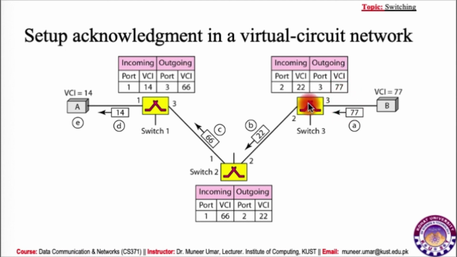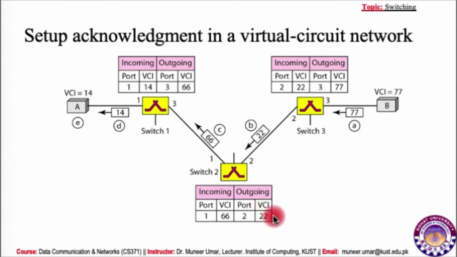Again, it forwards the acknowledgement to switch number 2. This VCI 22 was present in the previous step. It was filled actually, so it will append this VCI with the acknowledgement frame towards switch number 2. Switch number 2 will fill this VCI here.